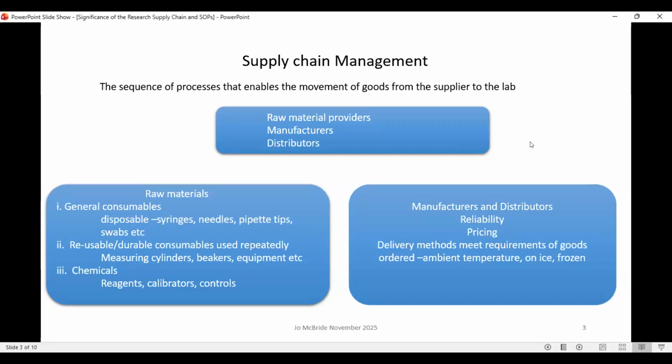Are they delivered at the right temperature? Are they delivered safely? Are people actually taking care of what you have ordered? Because this costs a lot of money. What happens, for example, if you have to return anything or if there's a mistake? These are the sort of things that you need to see in a manufacturer and distributor.